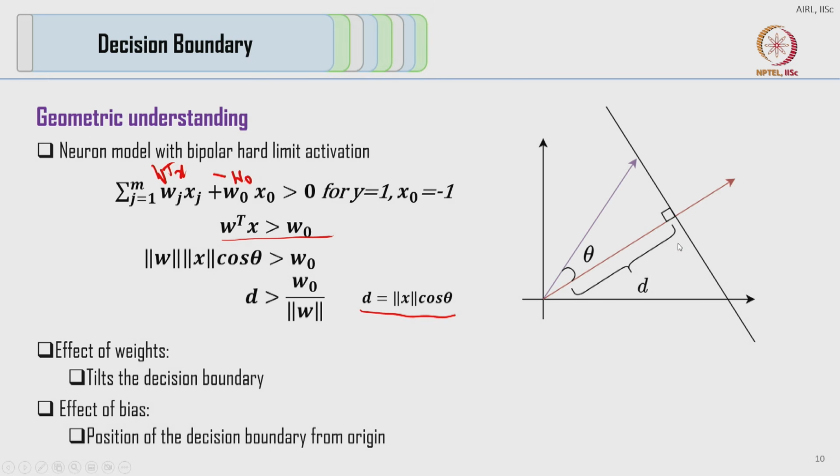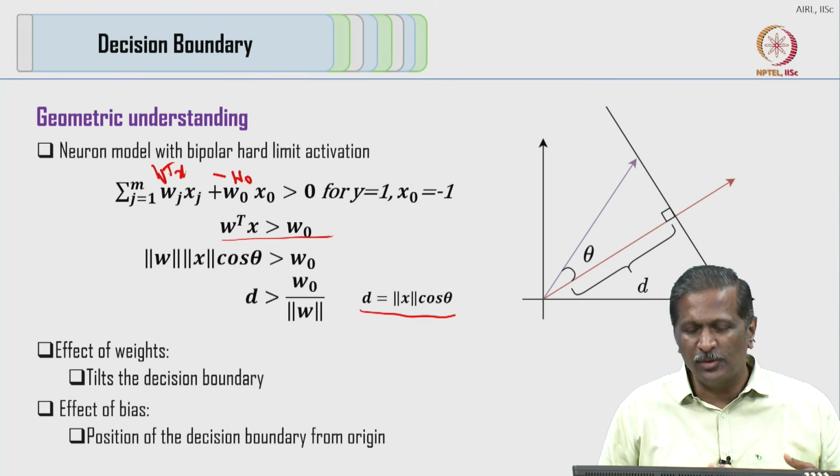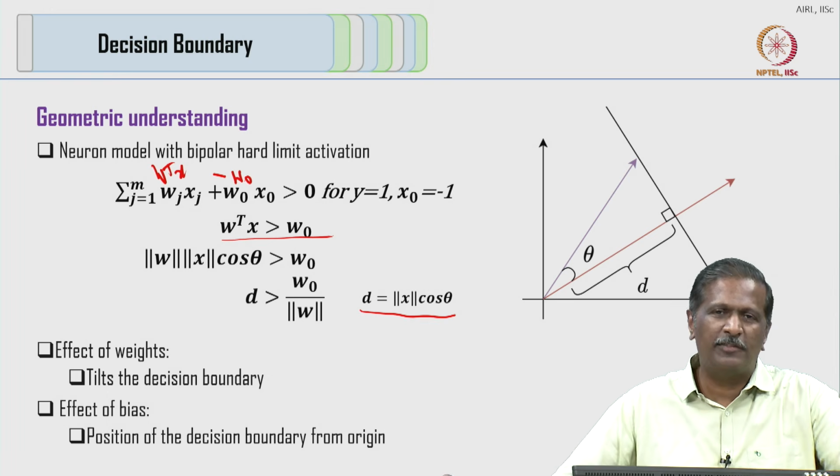If you want to tilt the decision boundary, then I need to use my weights. If I want to shift the decision boundary, then I need to use my bias, if you are trying to understand geometrically. So, weights orient the decision boundary, whereas the bias shifts the decision boundary from the origin.